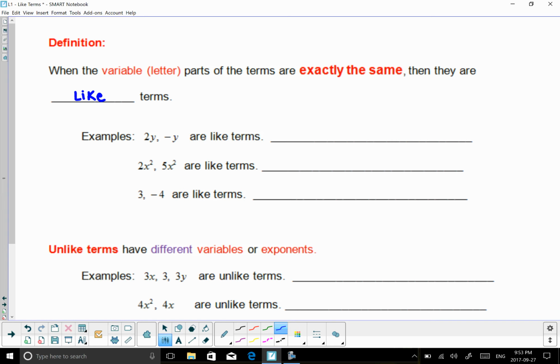So again, if you read with the definition, the variable part is exactly the same, with the same exponent on it. So they're like terms. 2x and 5x squared are like terms. So you'll notice here it has the same x with the same exponent.